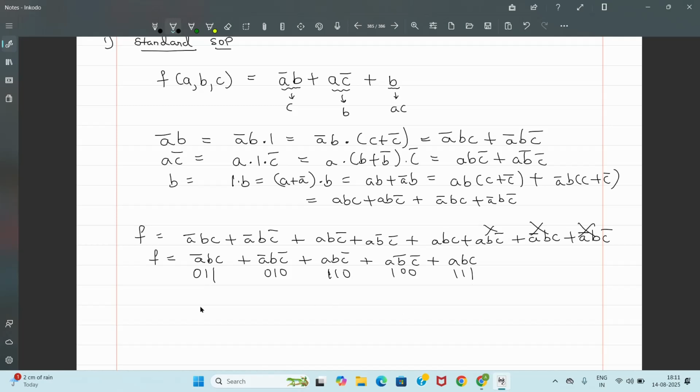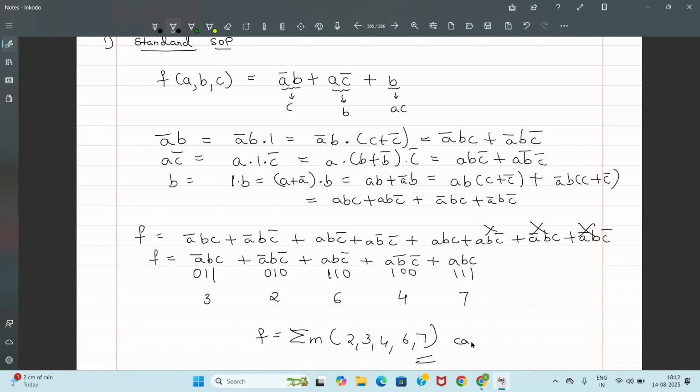So once you have written the binary, next step is convert this binary to decimal. So 0, 1, 1 in decimal is 3. This will be 2. This is 1, 1, 0. That is 6, 4, 7. And now write these numbers in order with the symbol summation small m 2, 3, 4, 6, 7.